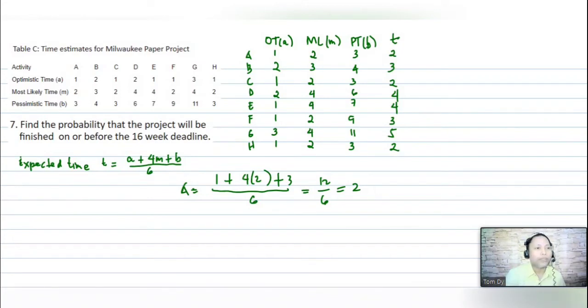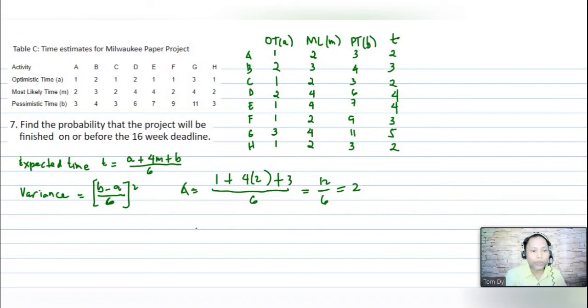Now this time, we will have our variance. I will have here our formula for finding the variance. The formula for finding the variance is B minus A all over 6, raised to 2.